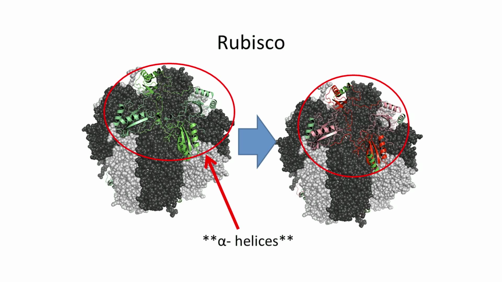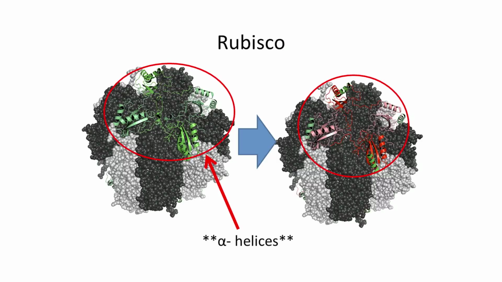Those are important because if we replace the alpha helices of algae Rubisco with those of higher plants, so if we take away the green parts and put in the alpha helices from a higher plant, for example spinach, but the Rubisco enzyme is still the one found in algae, that would mean that it does not have a pyrenoid. It lacks the pyrenoid structure, which is basically a bad thing for the plant.